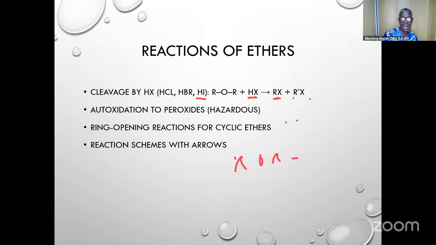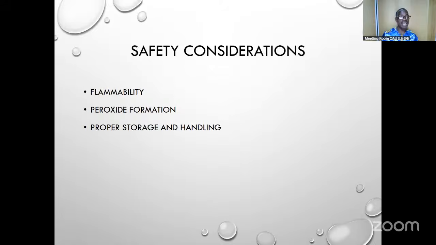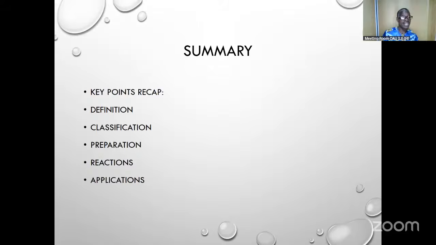A peroxide is R single bond O single bond O single bond R. It can also undergo ring opening reactions for cyclic ethers. And then we also talked about various applications of ether. I will send a comprehensive note regarding ether later.